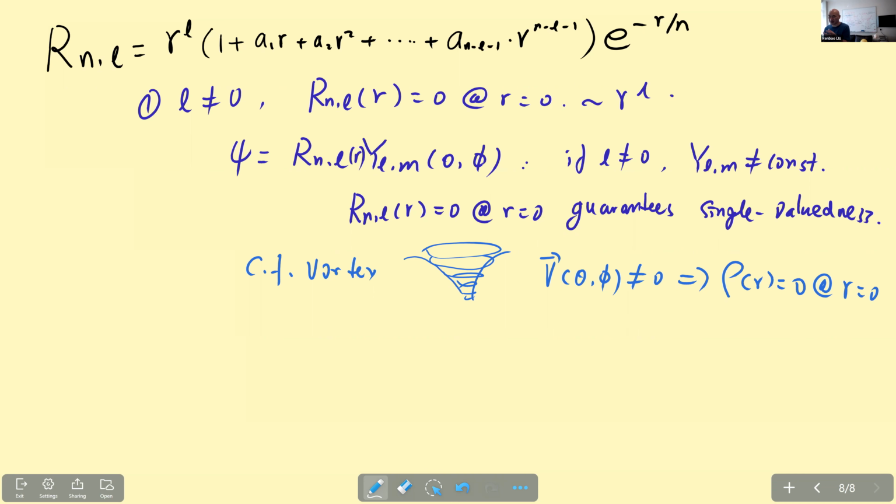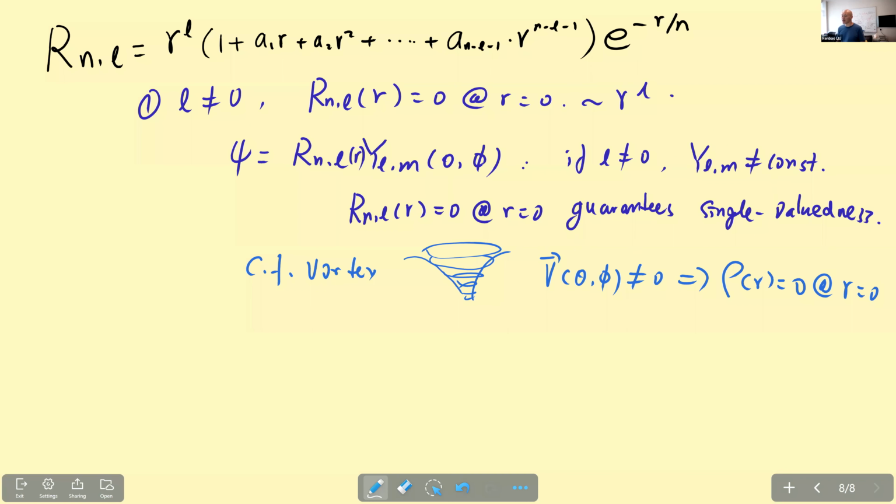So they can be any value, so that means the wave function could be any value. This is not physical. So the way to make this correct, you must have this radial part go to 0. So this way you have this wave function well defined.